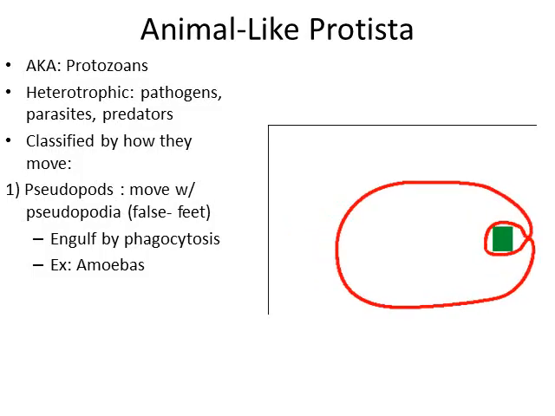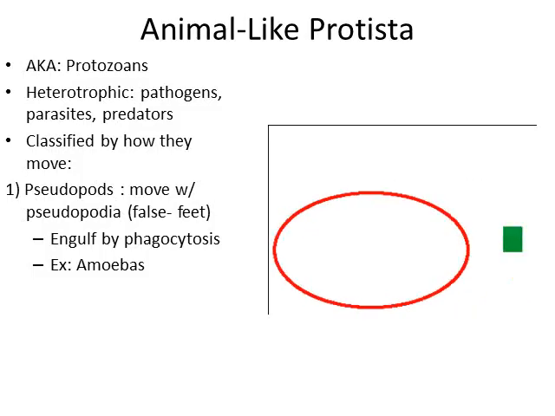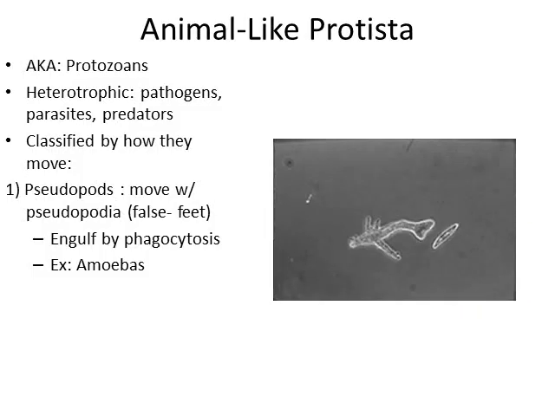They swallow it up, and it's digested by enzymes. Here we have an animation of an amoeba swallowing up what looks like a paramecium, which we'll talk about in a moment. But notice how its cytoplasm just kind of branches out from various parts. These branching outs of the cytoplasm are its false feet. Those are its pseudopods.